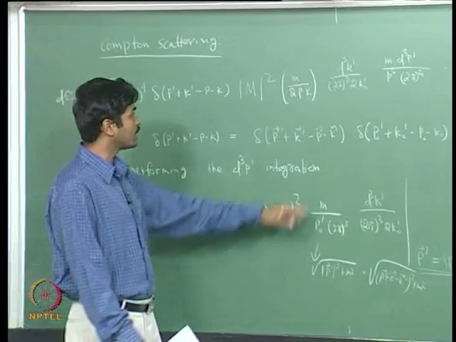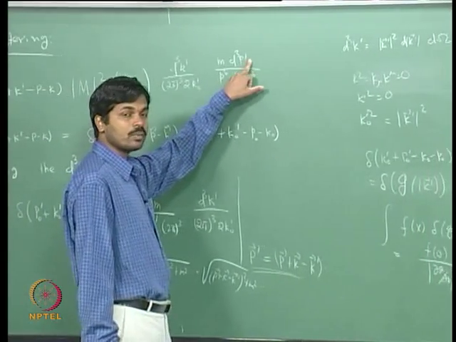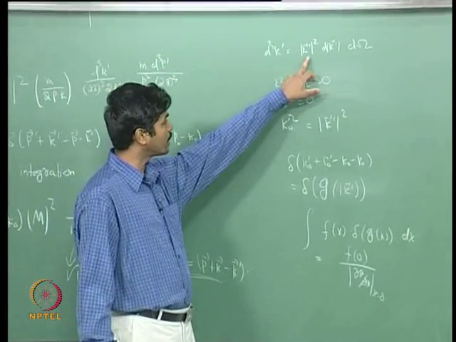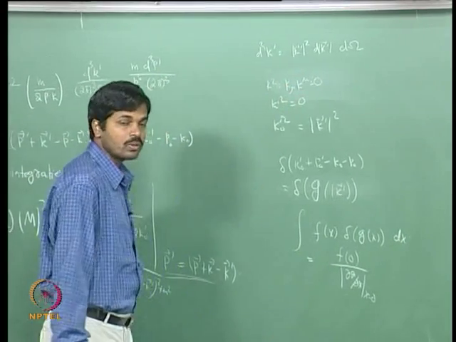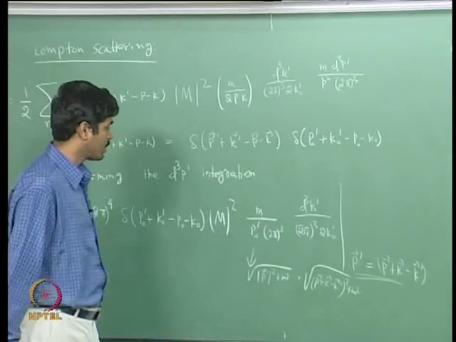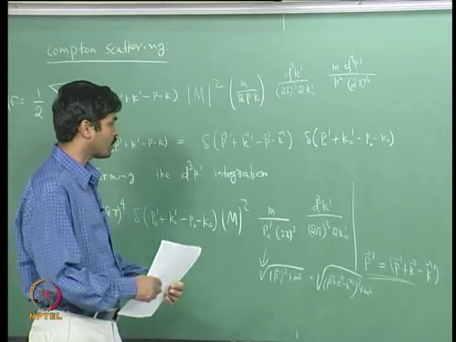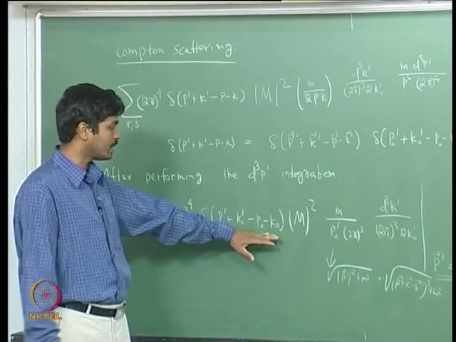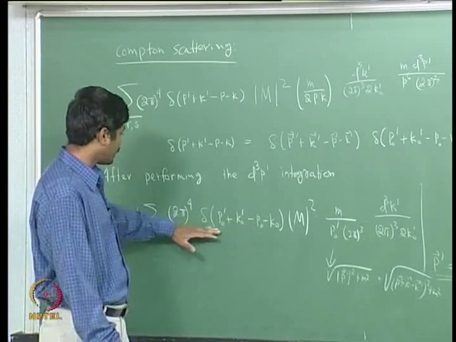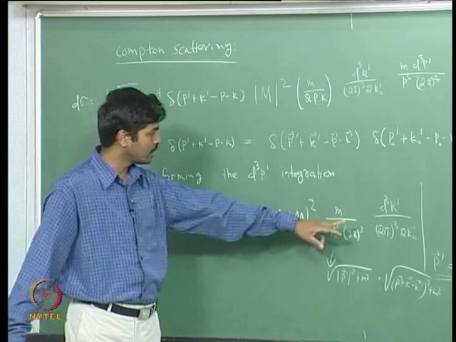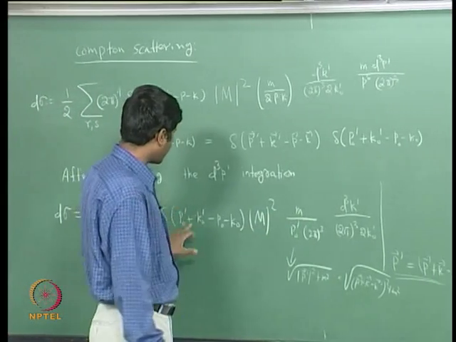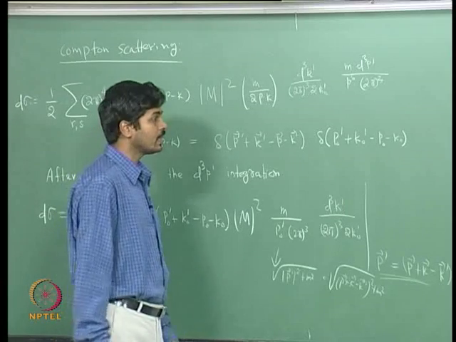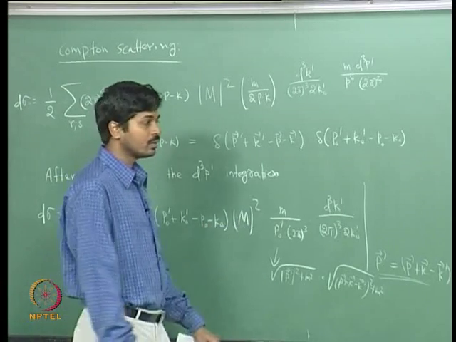Then we carried out the integration over the momentum of the outgoing electron, and we also want to carry out the integration over modulus of k prime. So what we will get at the end of the day is just an integration over modulus of k prime, but because of the presence of this delta function, we need to be a little bit careful.